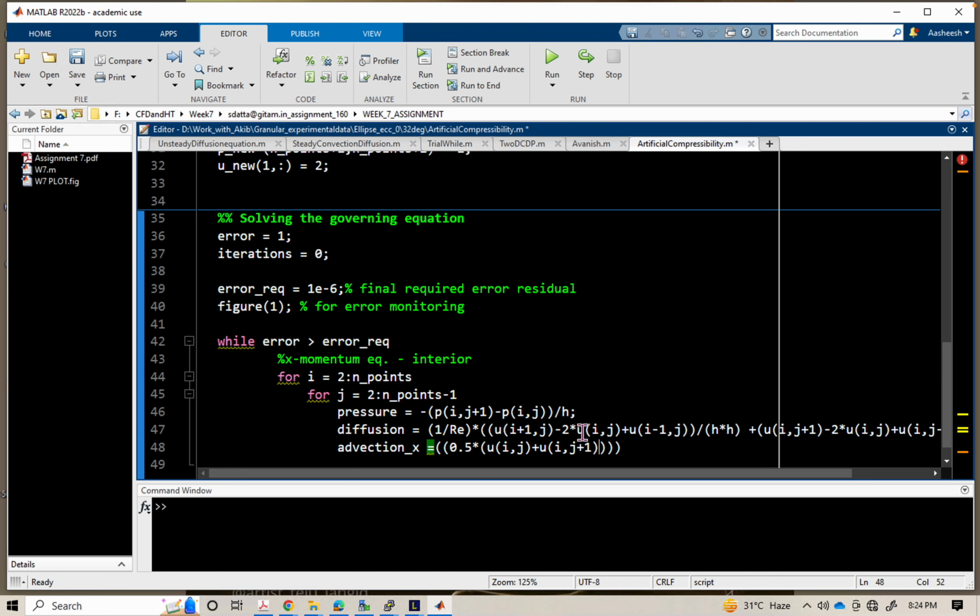ui plus uij plus 1, meaning u at the present point plus u at the northern point by 2, for u at small n. For staggering I am writing it, and then the square also I have to put.